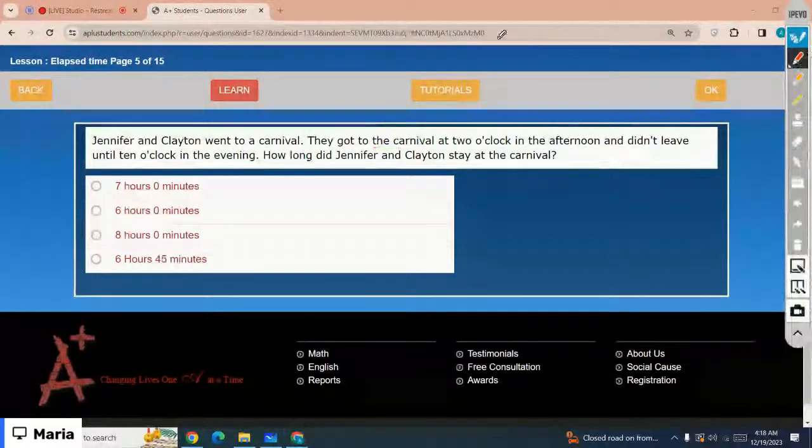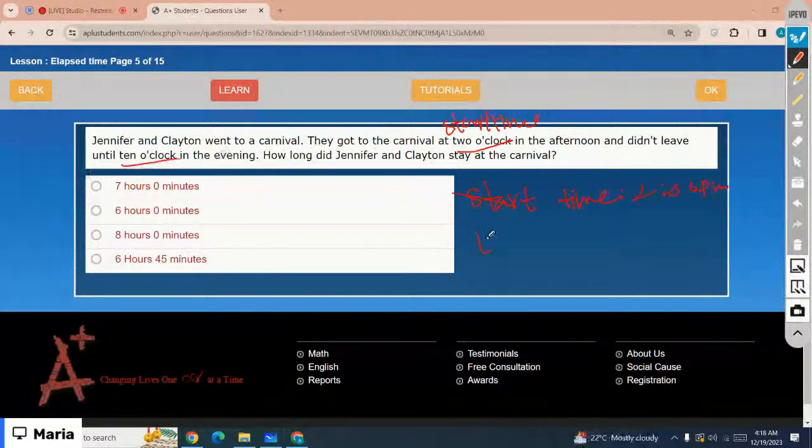That's the start time, right? That is 2 o'clock, which means 2 p.m. And they didn't leave until 10. So that means the end time is 10 p.m. You need to calculate the time duration. So what time is it?